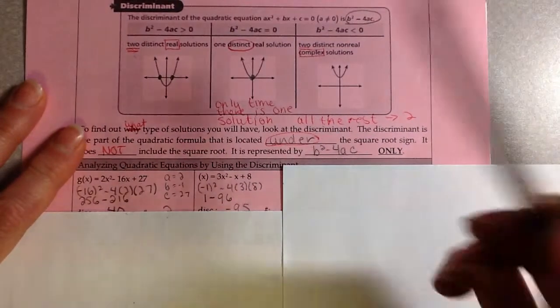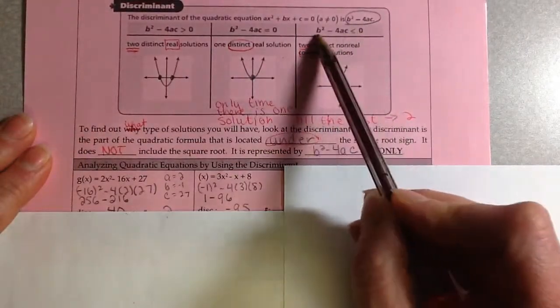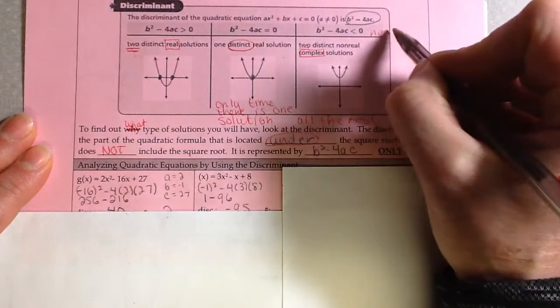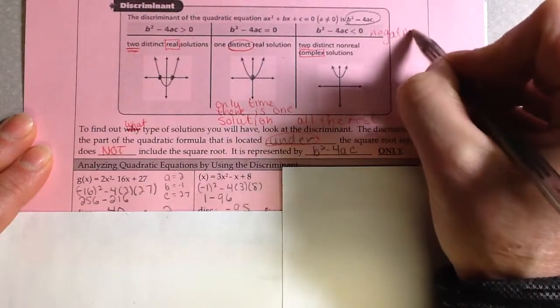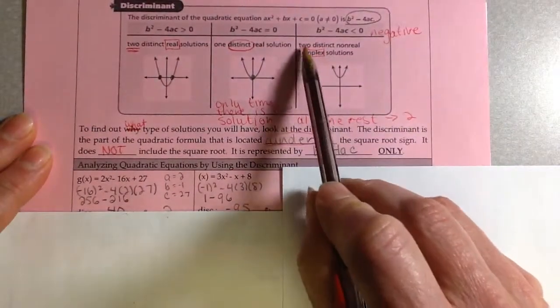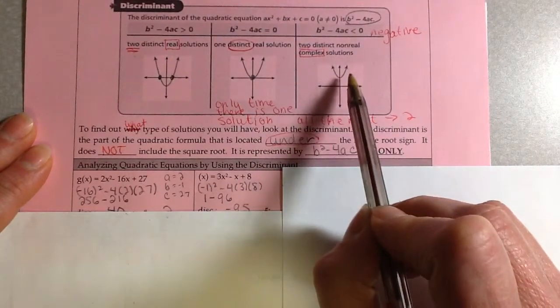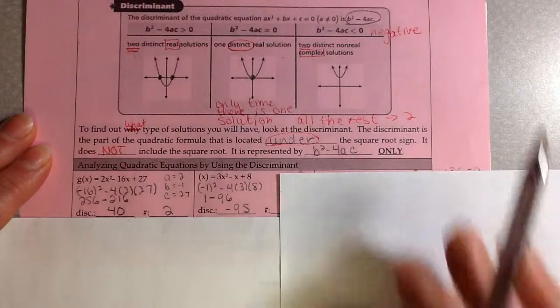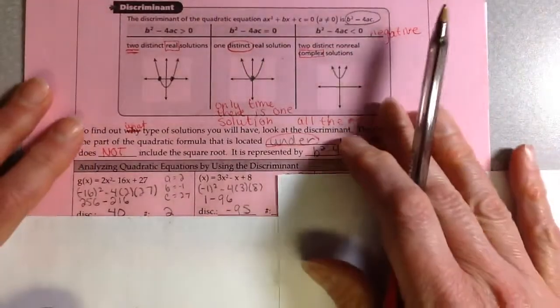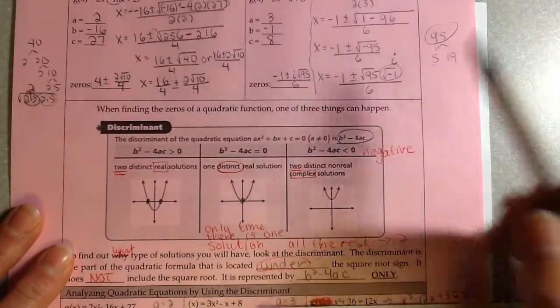Okay, if we go back up to our table here, we see that if the discriminant is less than 0, which means that it's negative, then we're going to have two complex numbers, two distinct non-real complex solutions, which makes sense because if you think about it, this is underneath the square root sign. So let's go back up to the actual problem that came from.